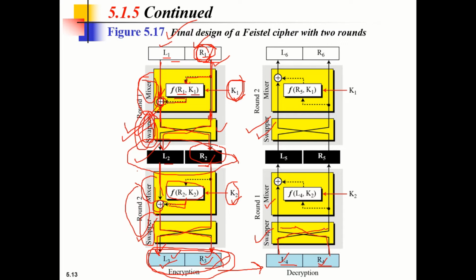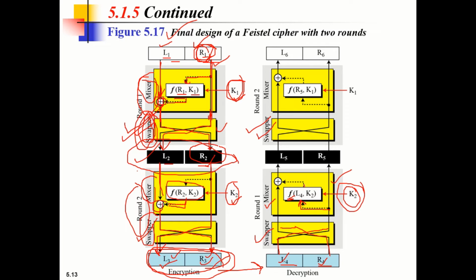Right. Now at this mixing stage, what will happen? We'll use this K2 and this L4, which has now become the right part of the cipher text. We'll use this L4 as the input to the function component along with the key K2.